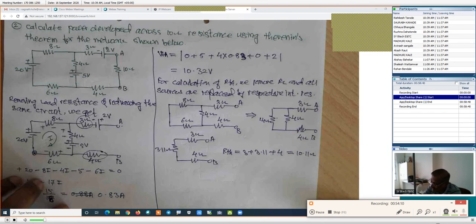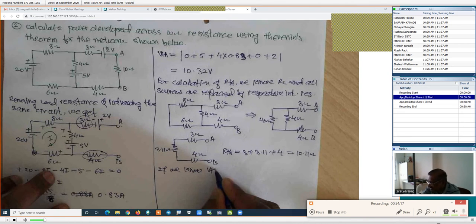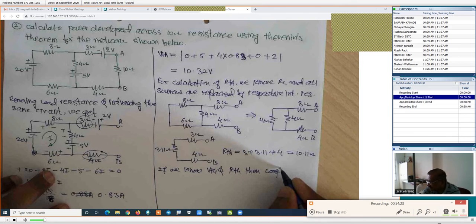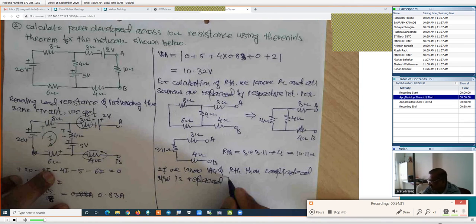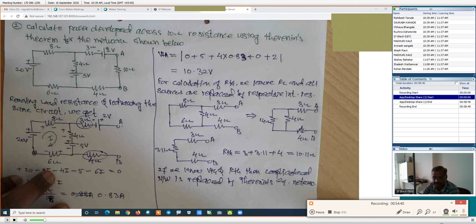Now, finally, if we know VTH and RTH, then complicated network is replaced by Thevenin's equivalent network. How will be the figure?